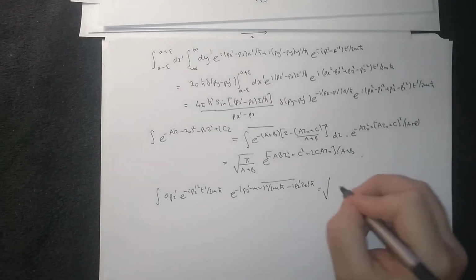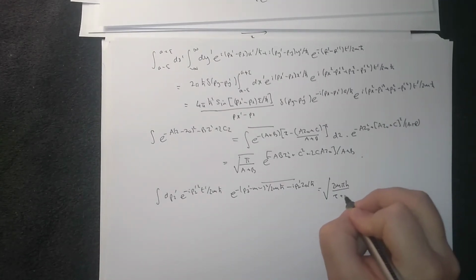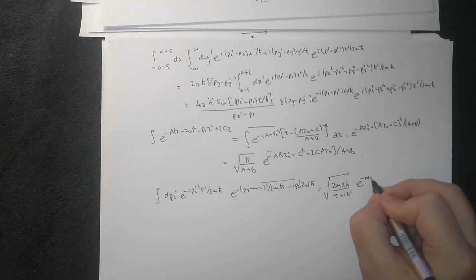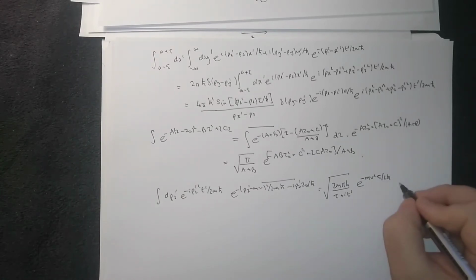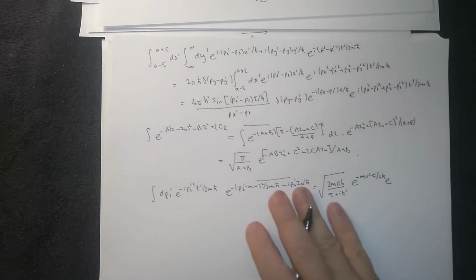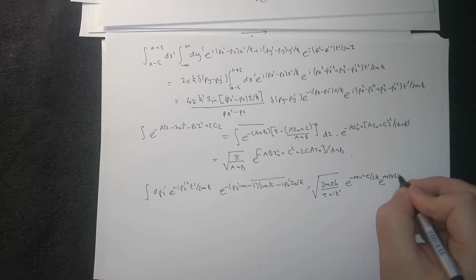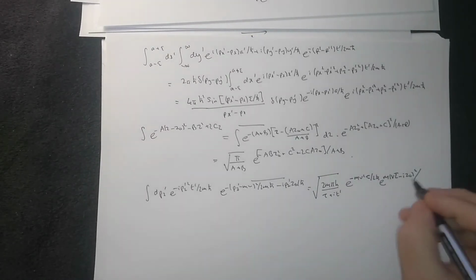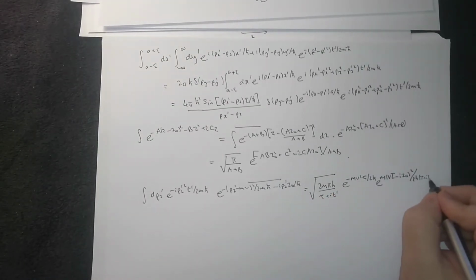Apply this rule, that's root 2m pi h bar over tau plus i t prime, e to the minus m v squared tau over 2 h bar times e to the m v tau minus i z naught squared divided by 2 h bar, tau plus i t prime.